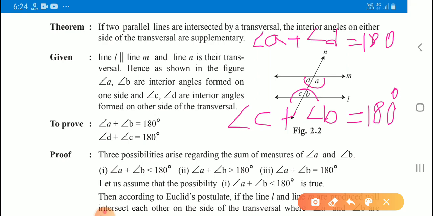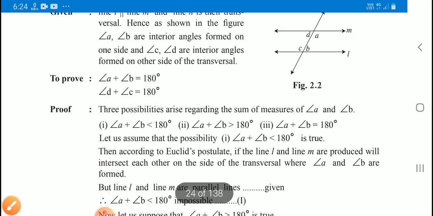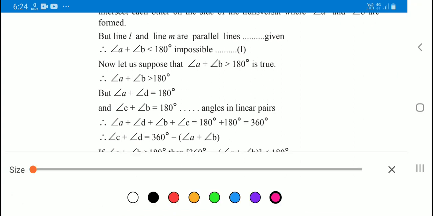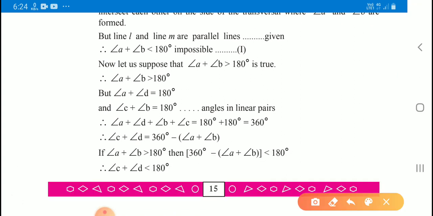Okay, why? They are in linear pair. That only they have given here. That is, look here, angle A plus angle D is 180 degrees, angle C plus angle B is 180 degrees, angles in linear pair. If you add all these angles, left side equal to right side, then what will you get?